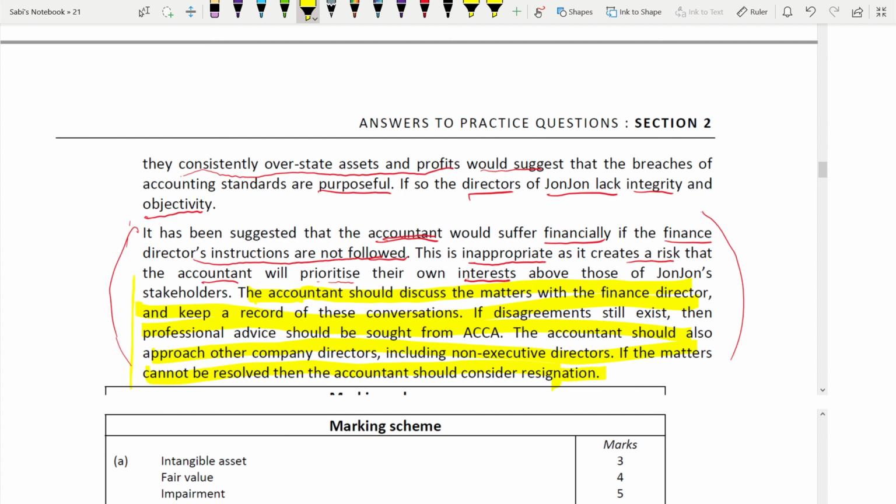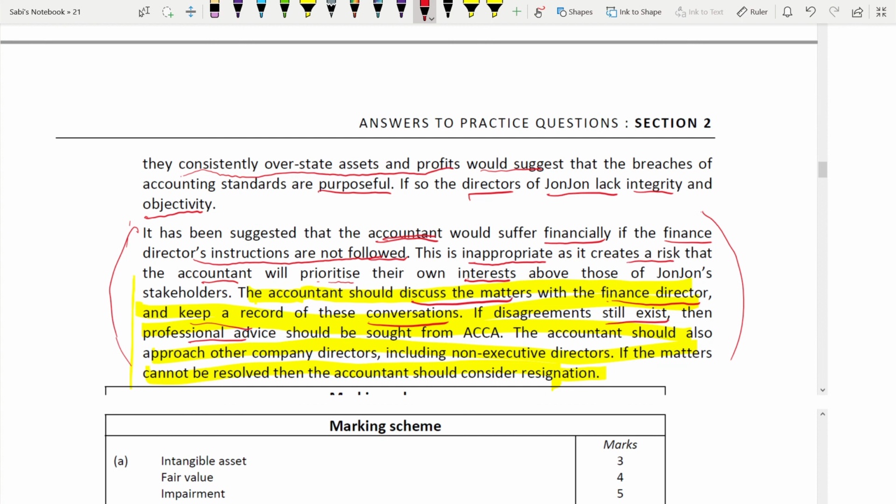So the accountant should discuss the matter with the finance director. First, discuss the matter with the one who has threatened you. In this case, this is the finance director. Second, keep a record of these conversations. Definitely. If disagreements still exist, what should they do? Seek professional advice from ACCA. That is the second action.